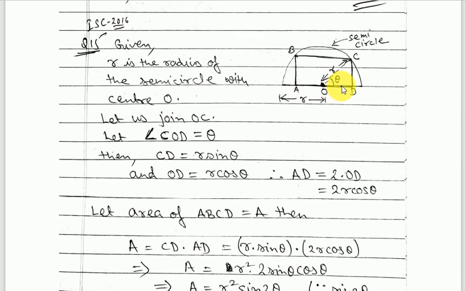Now I have to find the dimensions of this rectangle such that the area is maximum. That means I have to write the expression for the area of this rectangle in terms of a single variable.